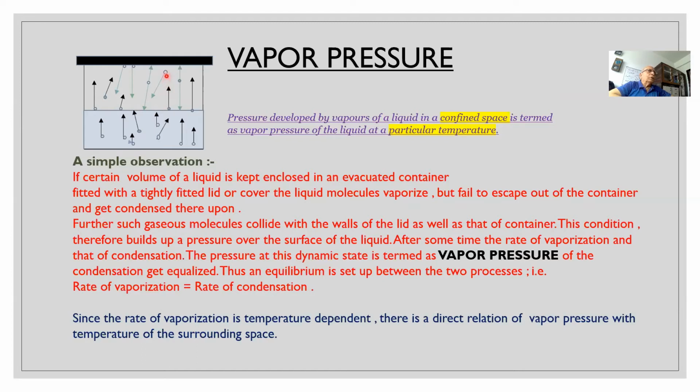But after some time, the particles which are getting converted to liquid, those vaporized gas particles which get cooled down and turn to a liquid, and those particles which are leaving the surface and turning to a gas, their rates become equal.